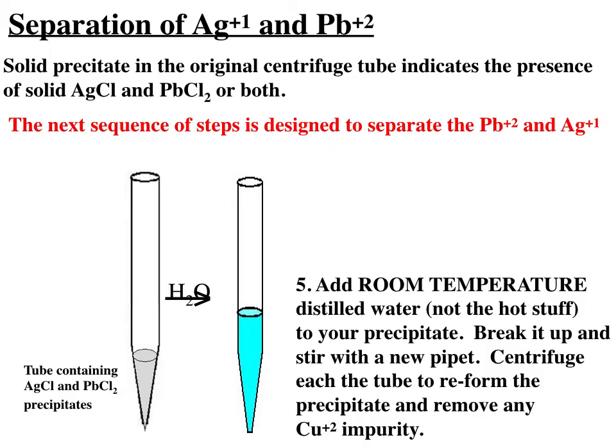The next series of steps are designed to take the solid which we previously formed when we separated the copper loose, and in this solid we are supposed to now separate the silver chloride from the lead chloride that is present in this solid sample.